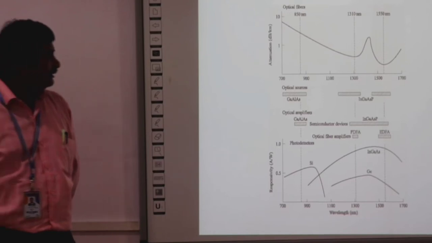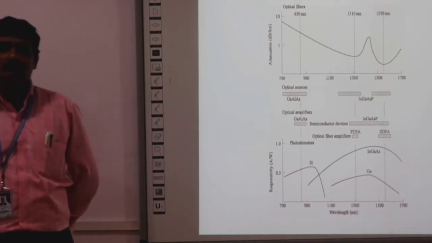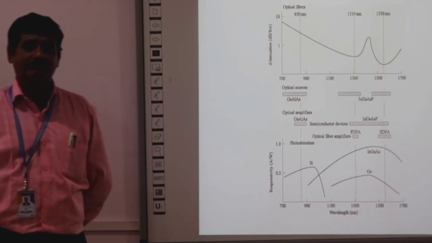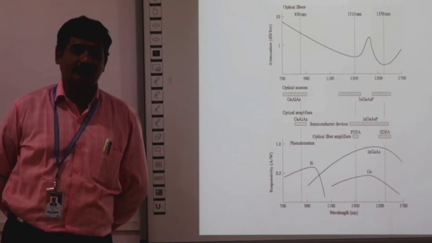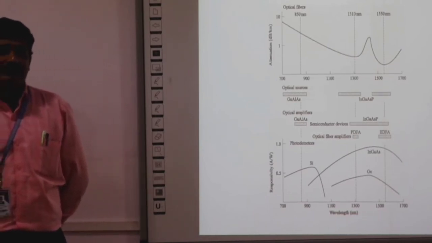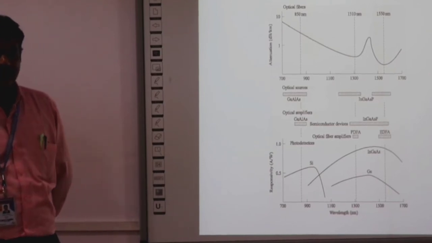So you know that these wavelengths, 800 nanometer to 1600 nanometer, is called as the wavelength region for fiber optic communication.